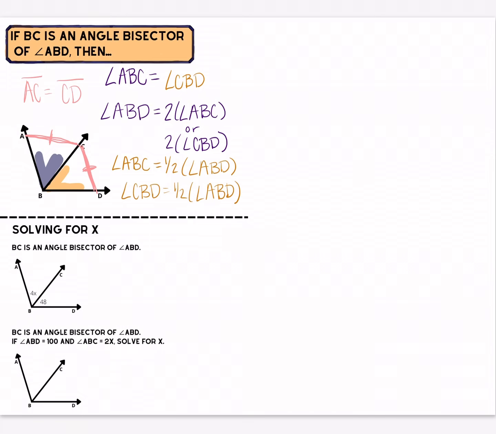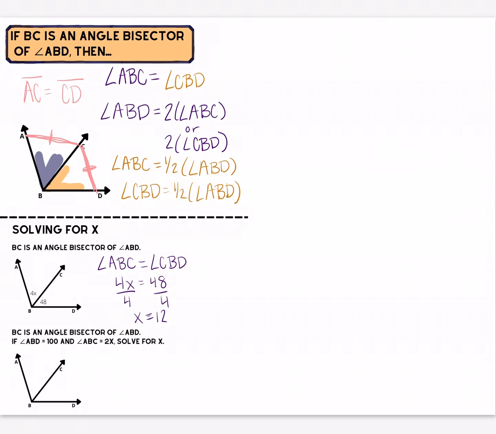Because BC is an angle bisector, angle ABC is equal to angle CBD, so we can set up 4x equals 48. I'm going to divide by 4, and x equals 12. That's how you can solve for x.